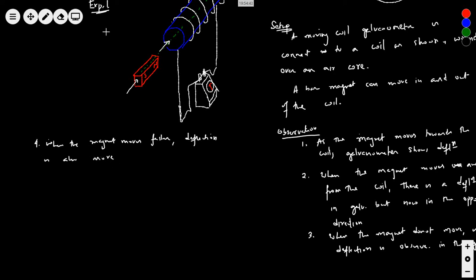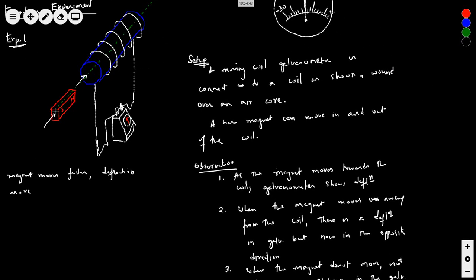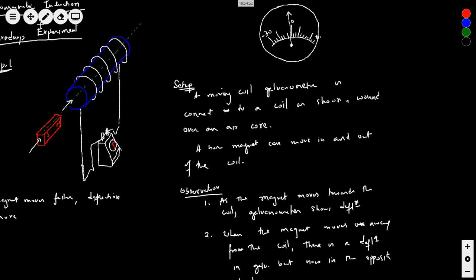Let me explain what I mean, one at a time. When you take the magnet close towards the coil, the galvanometer needle moves in one particular direction. Which direction, we will see later.